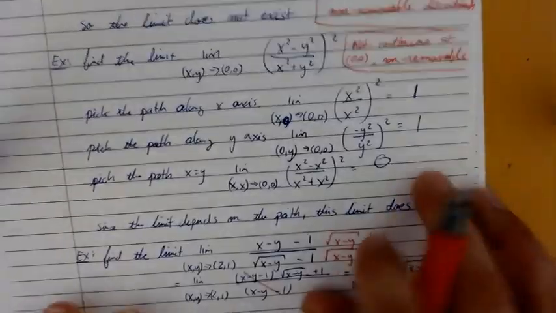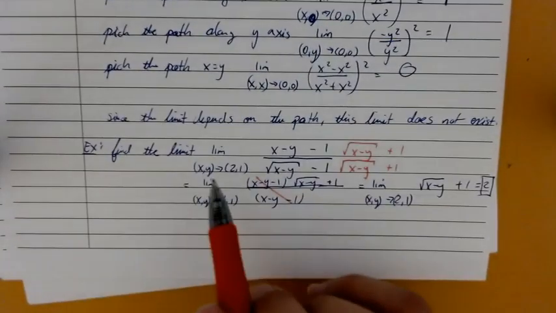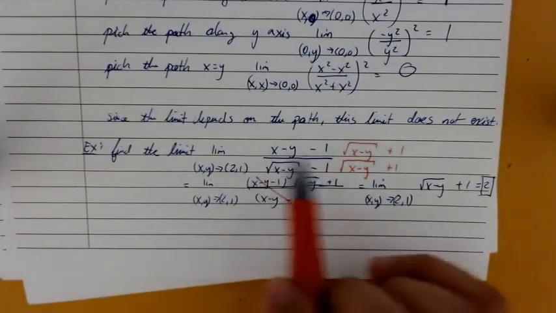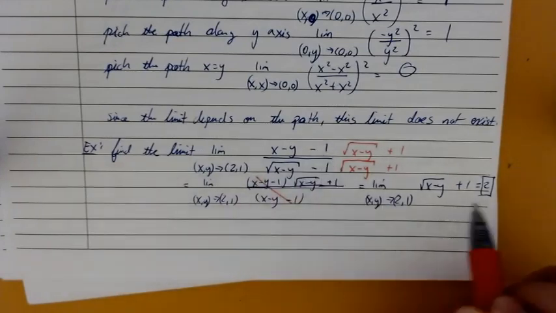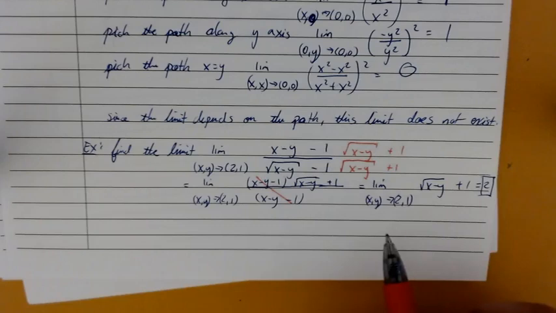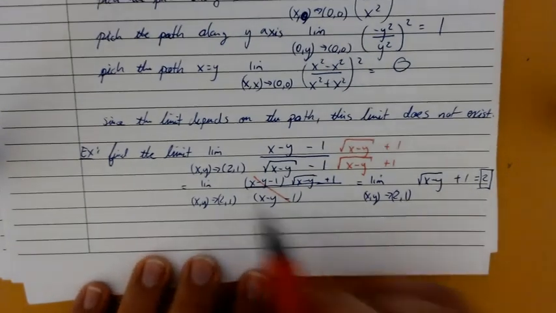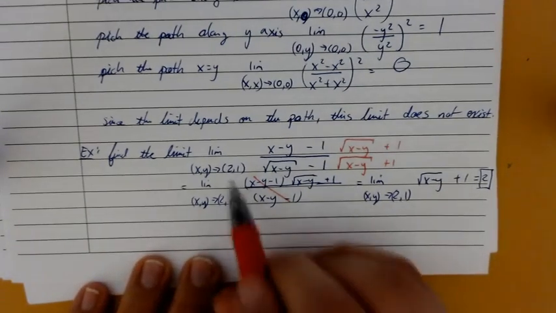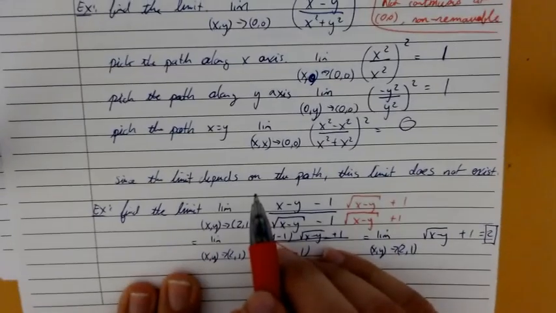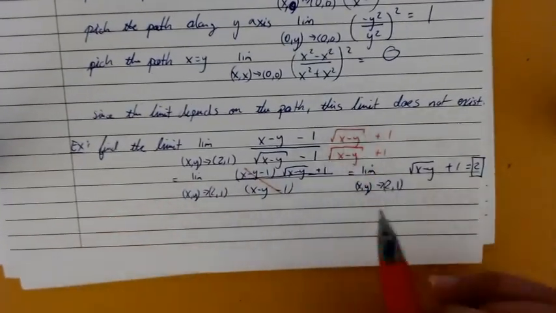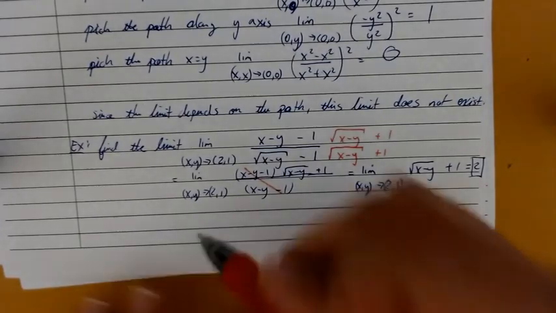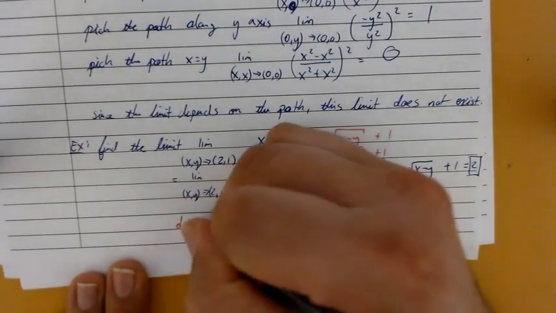Okay. This one, okay, you could not just plug in 2, 1, right? Because it would be indeterminate. But in this case, you can simplify your way out until eventually you can just plug in the numbers. So this is still not continuous at 2, 1. But it has what's called a removable discontinuity, meaning you can simplify your way to get something that's easy enough where you can just plug things in. So this is discontinuous.